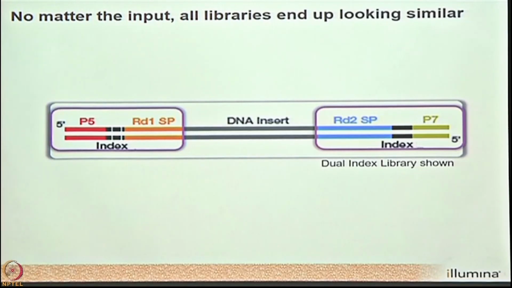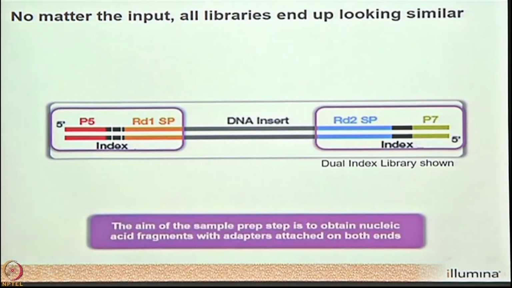In NGS, as I said, using NovaSeq you can sequence 50 genomes altogether. So ultimately, with the help of barcodes, you can identify which sequences belong to which of the samples. Am I clear? Great. So this is how the library looks. The ultimate goal of library preparation is to ligate the adapters at both ends of all the DNA fragments. Clear? Great.